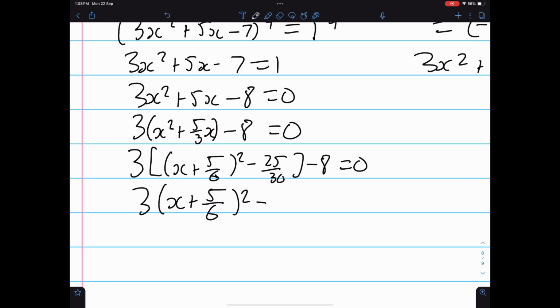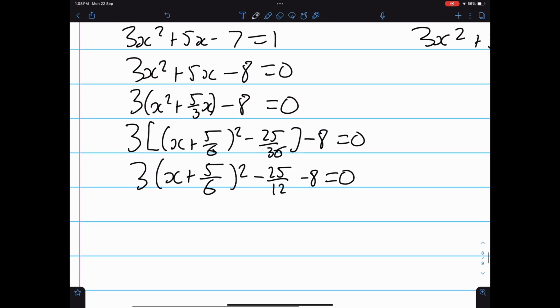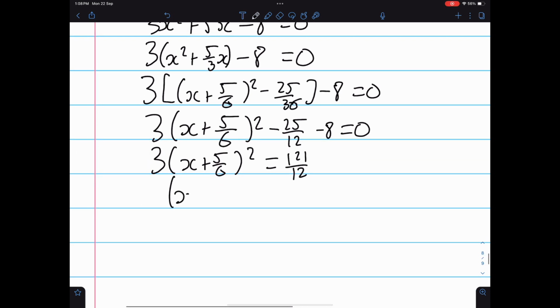I mean, I don't need to spell it out for you, but it's worth saying that. Some people don't jump to that. And we'll just move that stuff to the other side. And then we'll divide this by 3.